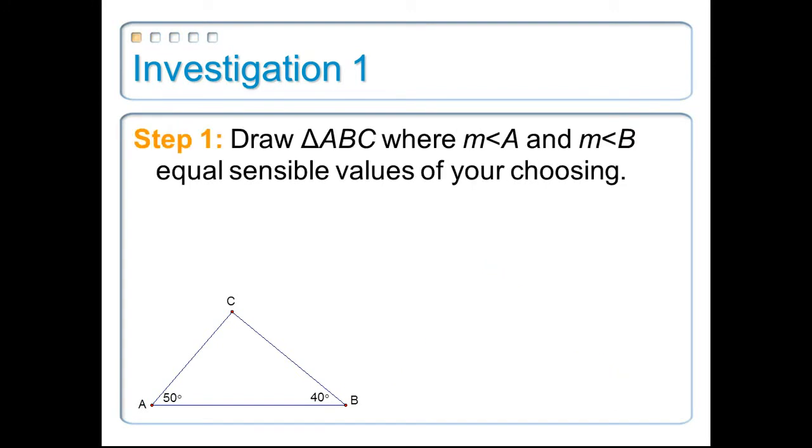Okay, so first it says draw a triangle ABC where the measurement of angle A and the measurement of angle B are sensible values of your choosing. And I chose 50 degrees and 40 degrees. Okay, and so let me get my pointer here.